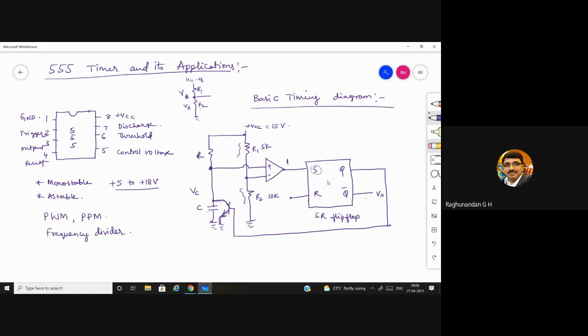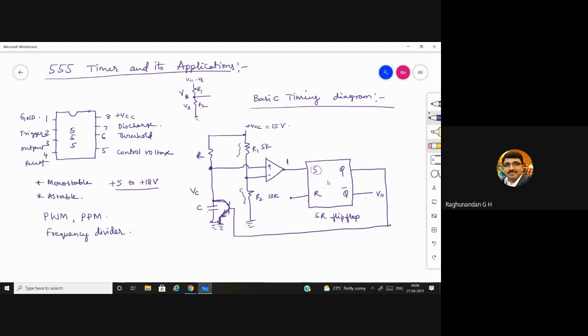Now, when the base of the transistor is high, it is going to draw more current from the collector and make it flow to the ground. Now the capacitor is completely discharged or about to discharge. During that time, the voltage across this point will be lesser.